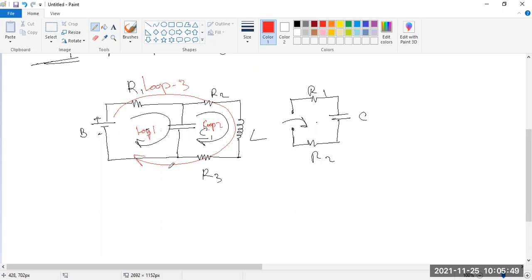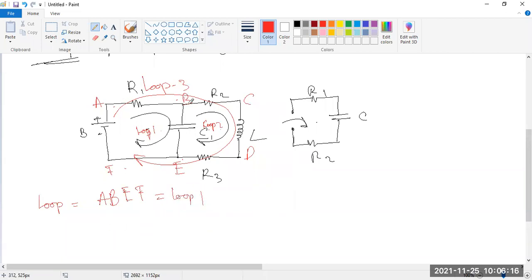If you give some names, this is A, that is B, that is C, that is D, that is E, that is F. So loops are A, B, E, F. It is loop one.